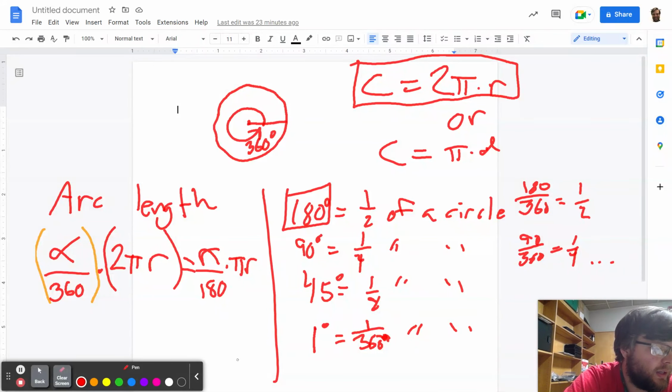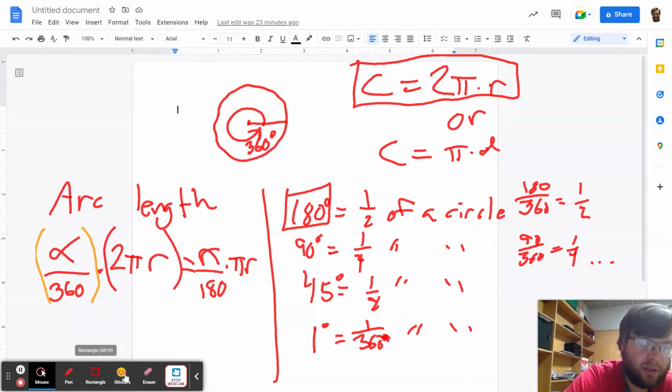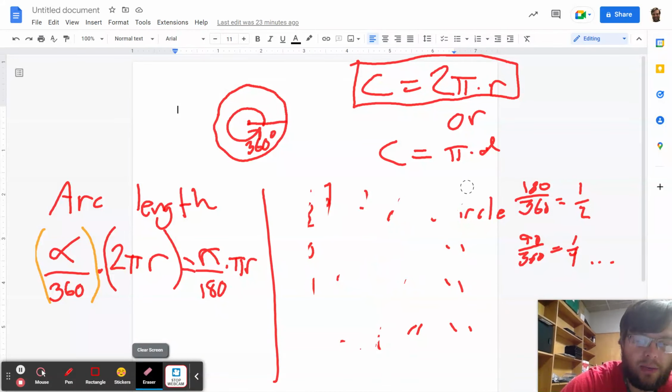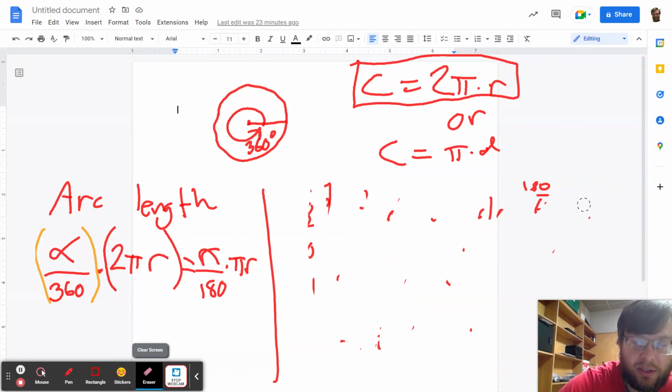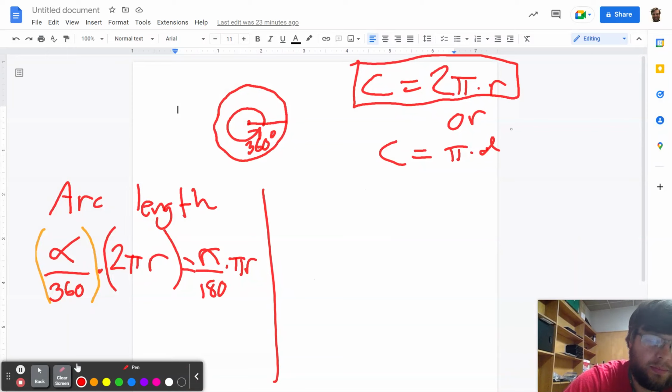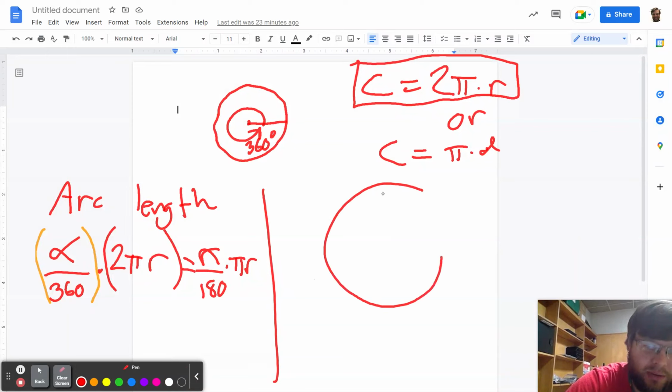We had a problem about a clock with a certain radius on it. Actually, they gave it to us as a diameter. So I'll draw this picture out in just a second. So the clock has a diameter of 25 centimeters, and we care about when the hand goes from 12 to 5.